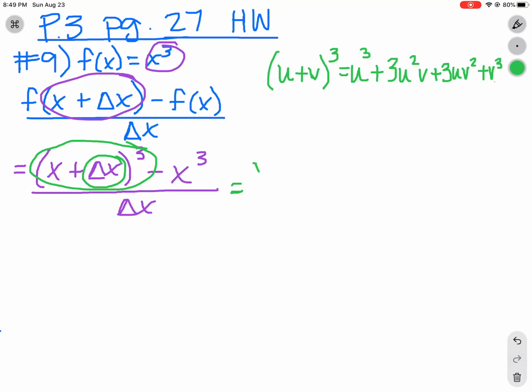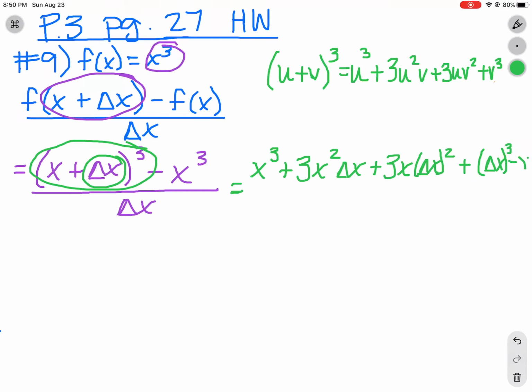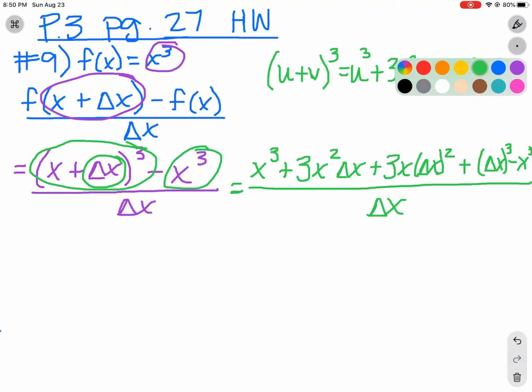So, cube the first, then plus 3, the first squared, times the second, plus 3 times the first times the second squared, and see, delta x, I put it in parentheses to square it, and then plus the second cubed. And then don't forget to subtract x cubed because we have this subtract x cubed. I know I had to squeeze it in there, but don't forget that. And then over delta x.